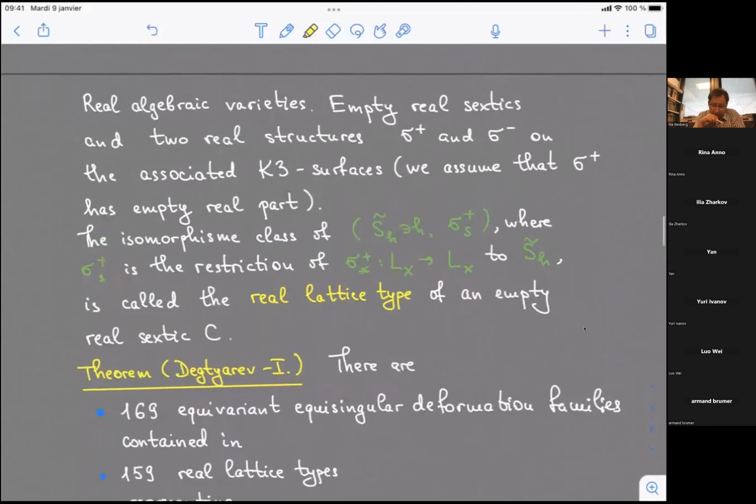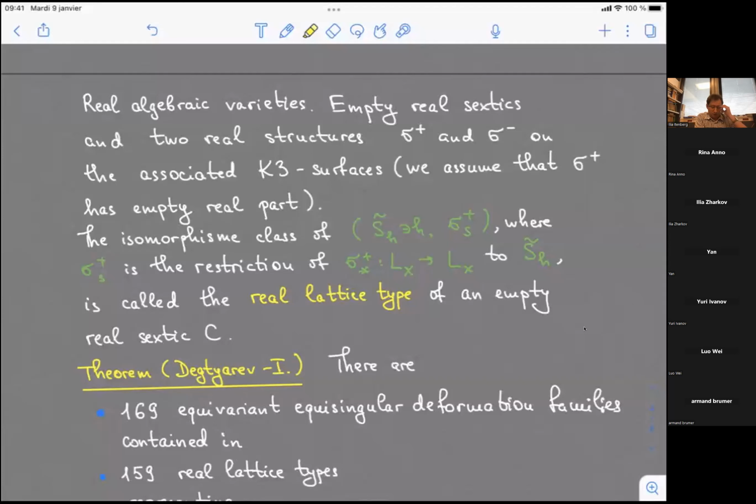So now what happens in the real case? Once again, a real algebraic variety for me is a complex algebraic variety equipped with an anti-holomorphic involution. So you can do the construction I presented before in the case of complex sextics in the real case.